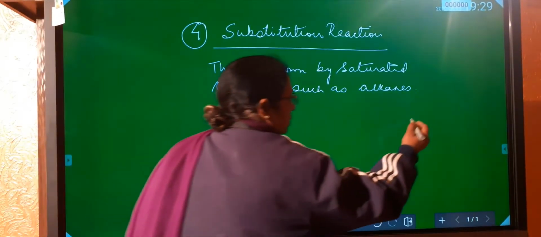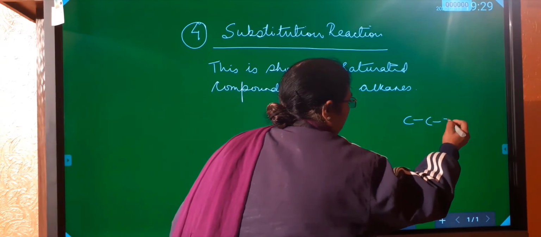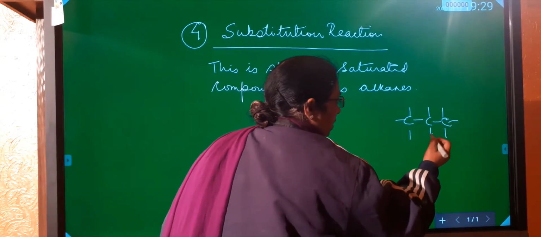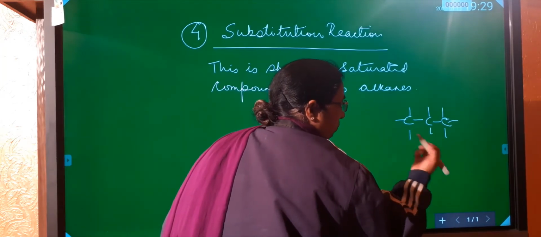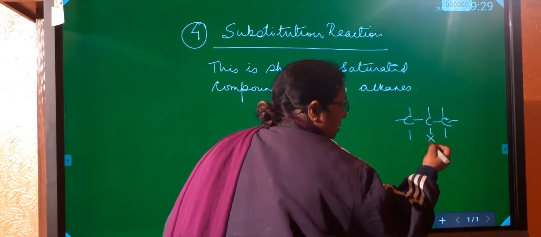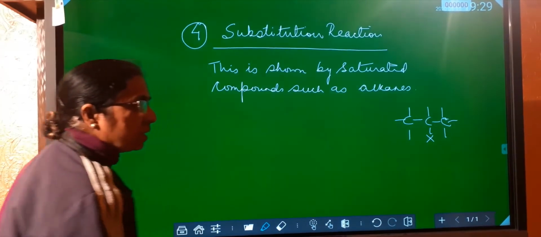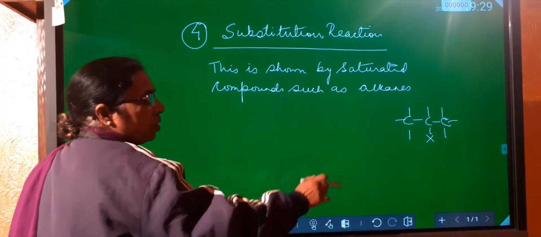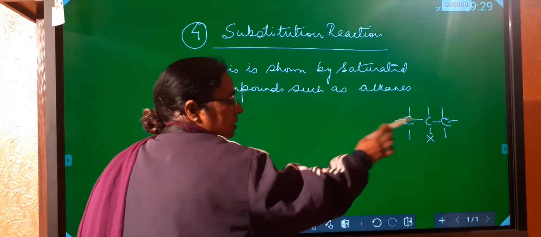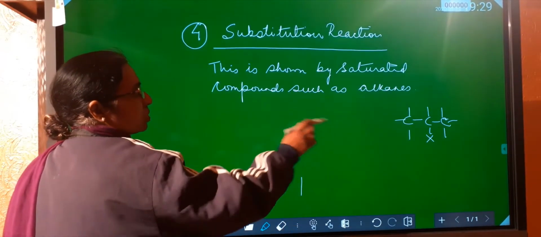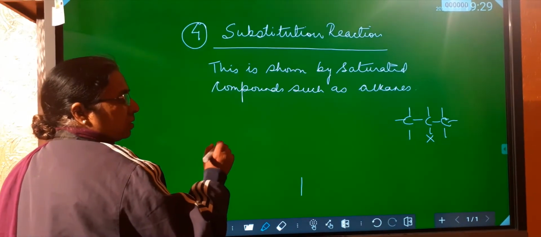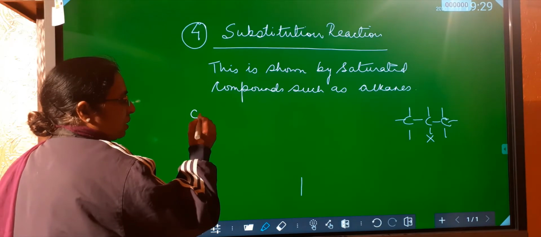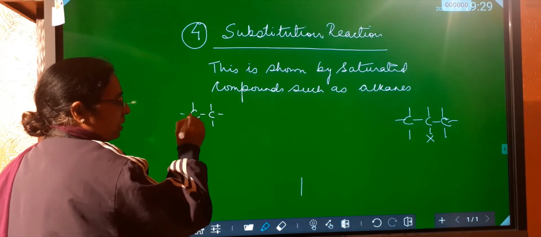So say if we have an alkane over here, and this H is removed from here and H is replaced by a halogen, then this becomes substitution, because the structure remains the same, only the place of hydrogen is taken up by halogen. So this is known as substitution reaction.